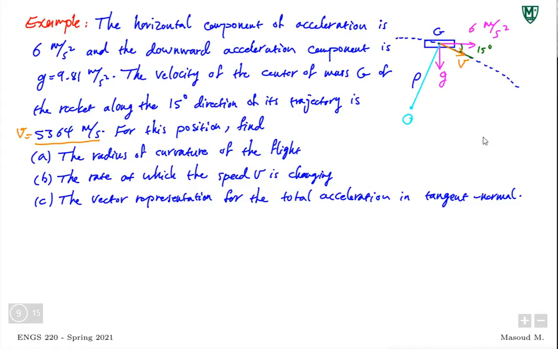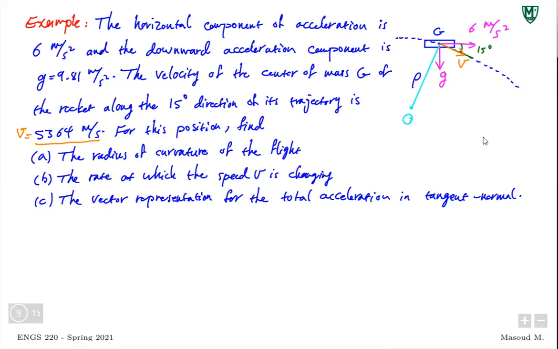And we know the velocity of the center of mass, the velocity of this rocket, is 5,364 meters per second along this path, which creates a 15 degrees angle with the horizontal direction.